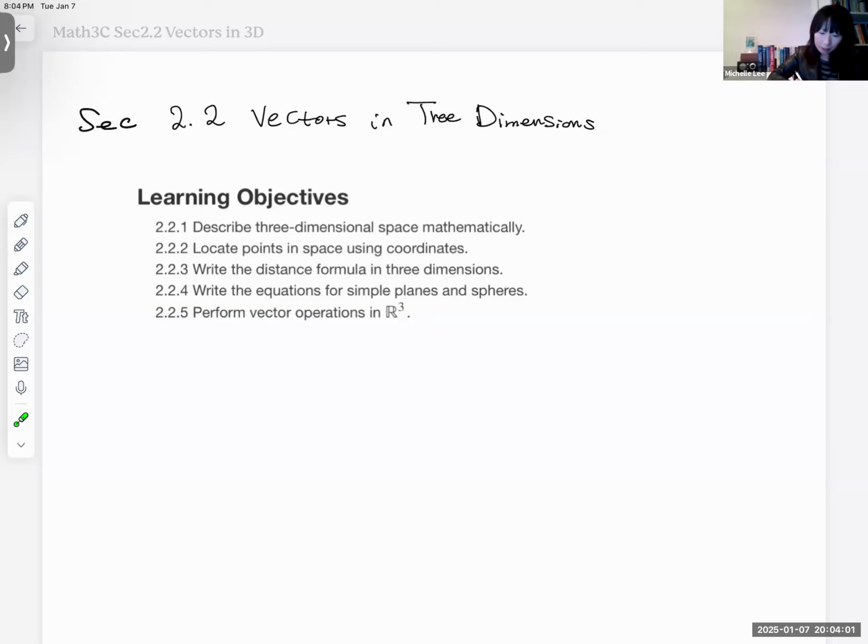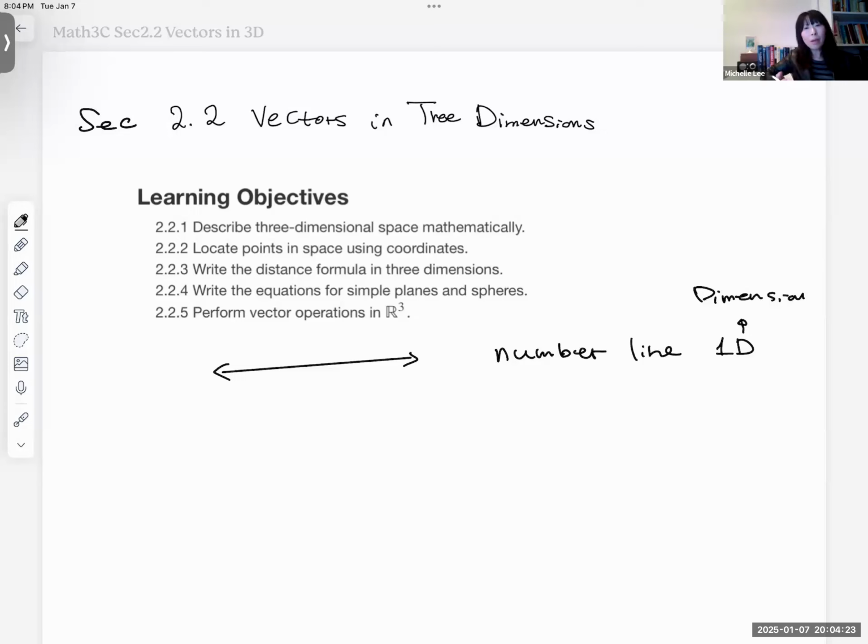1 dimension is the number line, right? We did that last time. So this is a number line. One dimension. So let's denote D as dimension, right? The number line we call the real number line, right? So real. We have a fancy mathematical symbol there, and this means a real number.